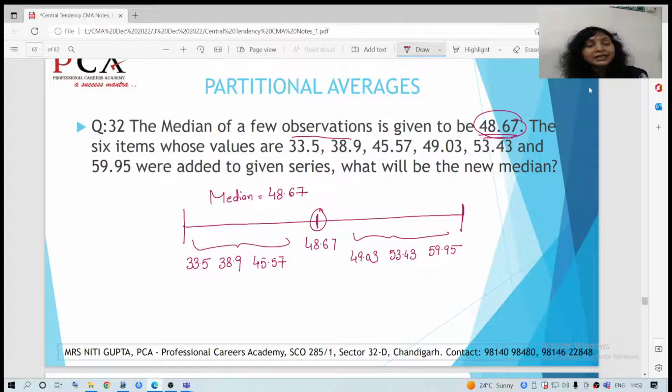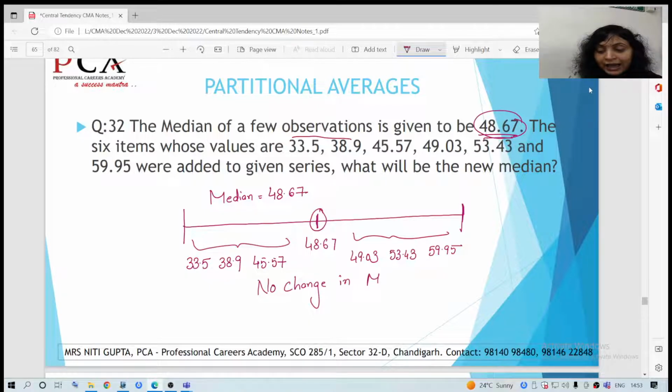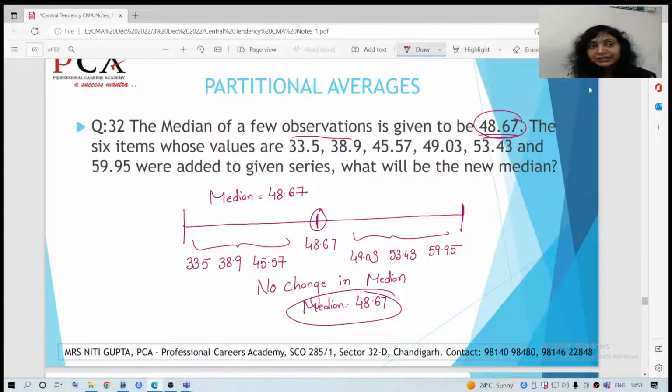This means after introducing these 6 items, there is no change in the position of median. Median again lies in between. So if the items are equally distributed on both sides, there will be no change in median and our new median remains 48.67. So there will be no change in median.